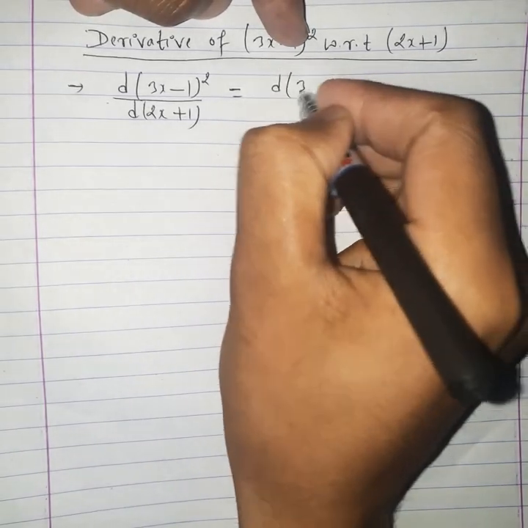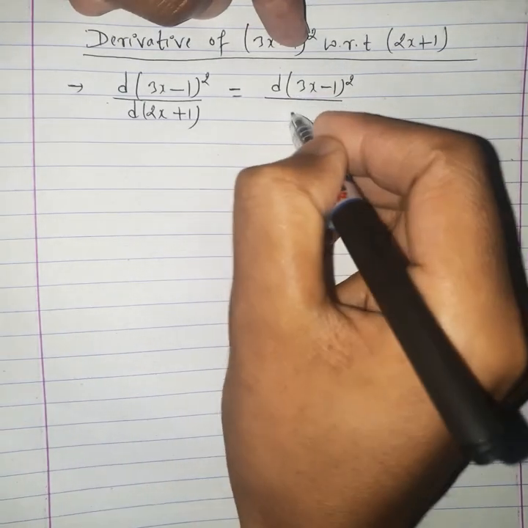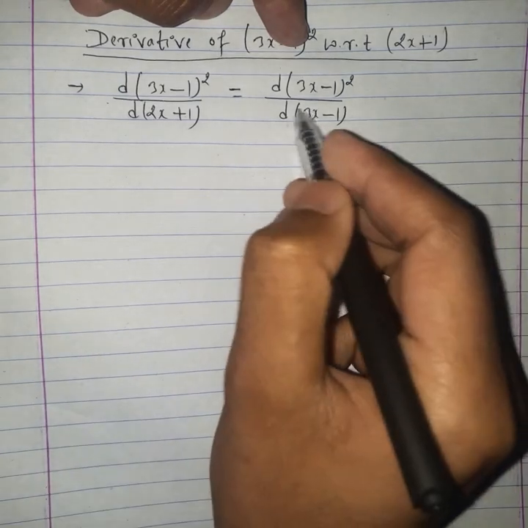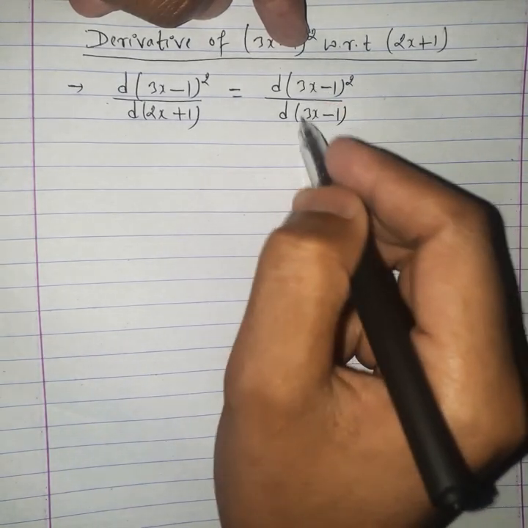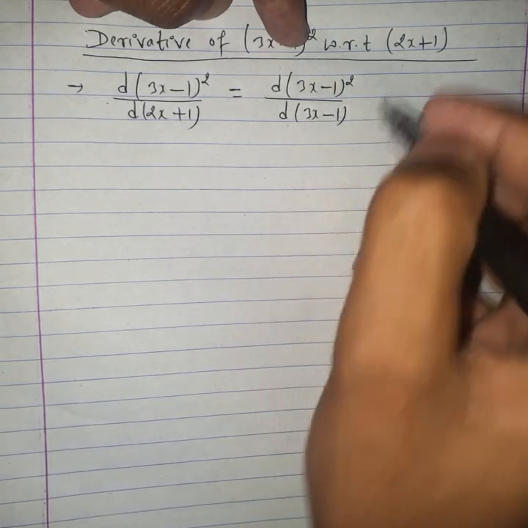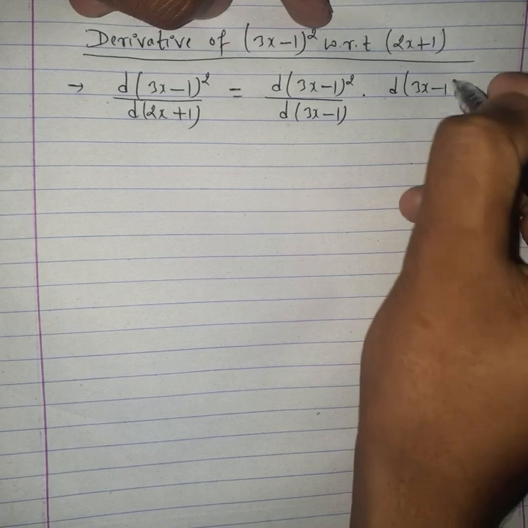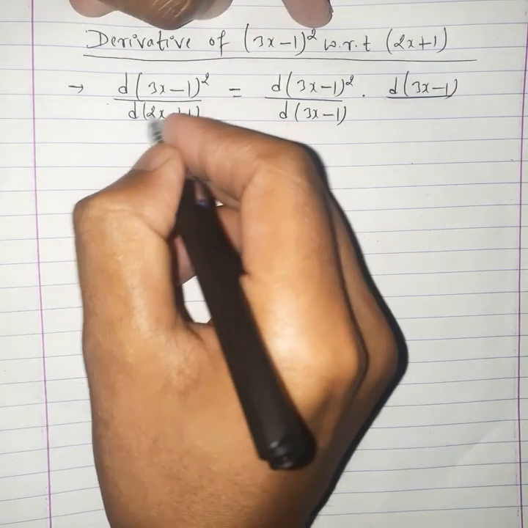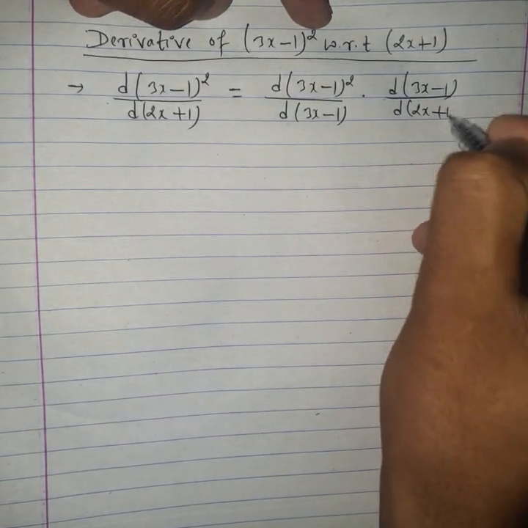This can be written as the derivative of (3x minus 1) squared with respect to 3x minus 1, times the derivative of 3x minus 1, divided by the derivative of 2x plus 1. Here we divide this expression by the derivative of 3x minus 1, so for balancing we also multiply by it.